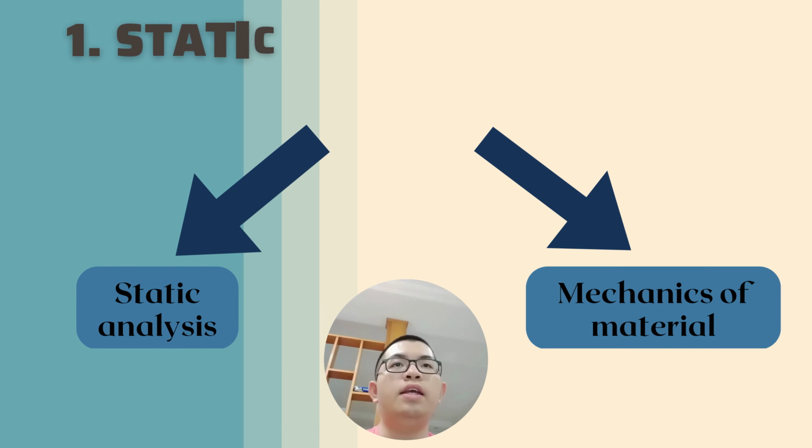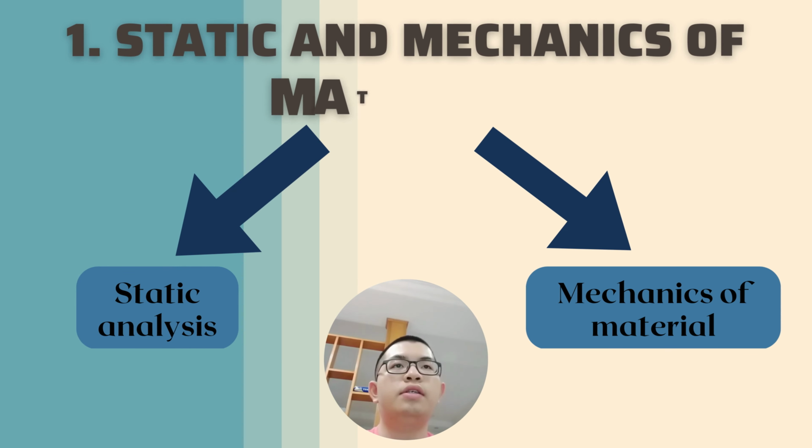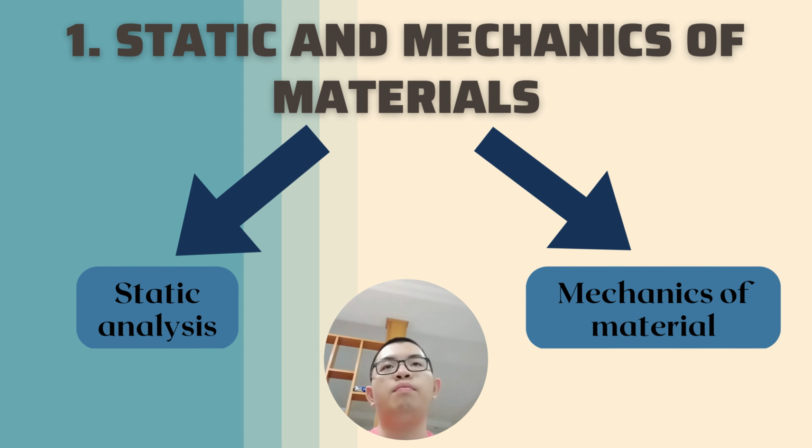Statics and mechanics of materials are 2 branches of engineering that deal with the behavior of objects under different loads and stresses. Static analysis involves understanding the stability and equilibrium of objects when subjected to external forces. This can be done through the use of a free body diagram, which represents an object and the forces acting on it.